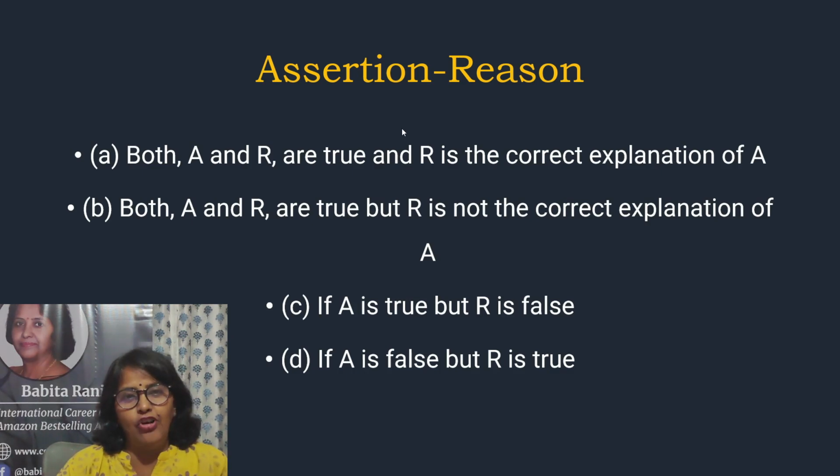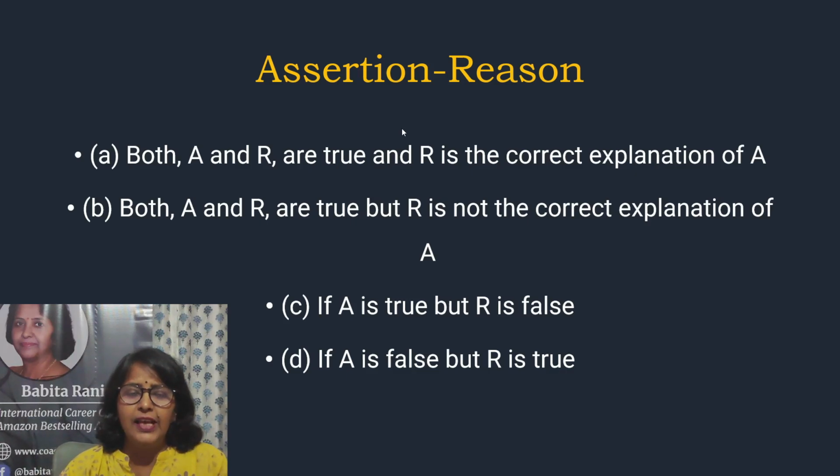Generally, if there is one false statement, it becomes very easy to find out whether it is C or D. But if both the statements are correct, it sometimes becomes difficult to find out whether it will be A or B. For that, you can follow one simple trick.